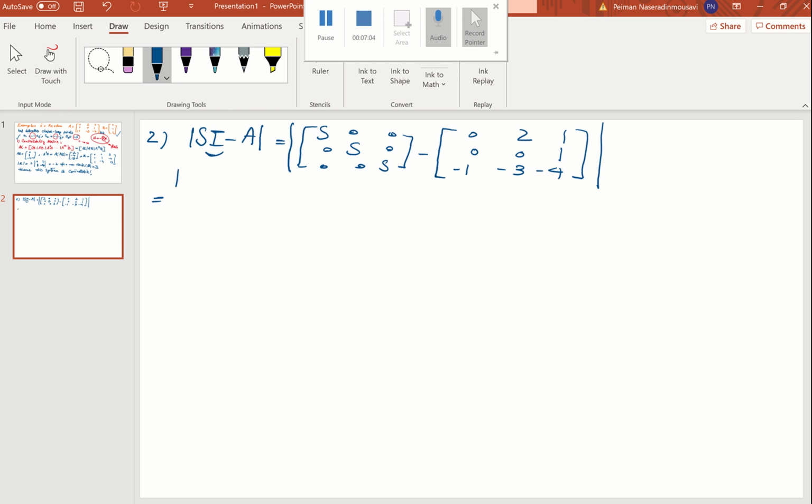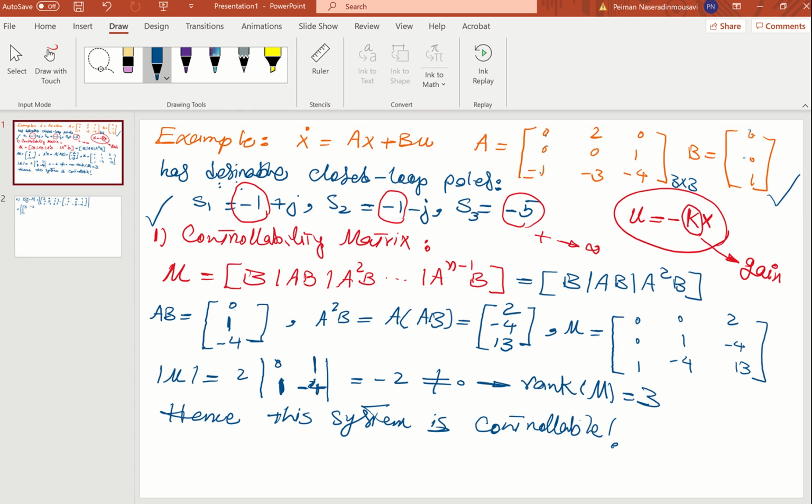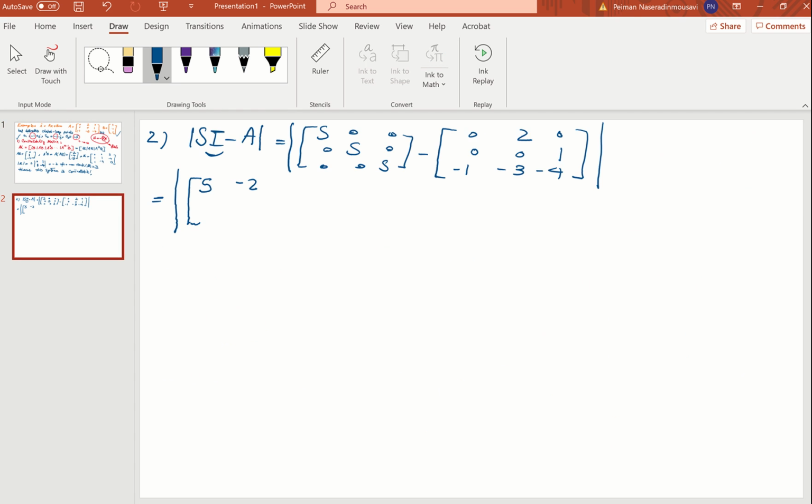So this is called the determinant of what? Finally, S, right, -2 and S, -2. Oh, here is 0, your original A. 2 0 2.